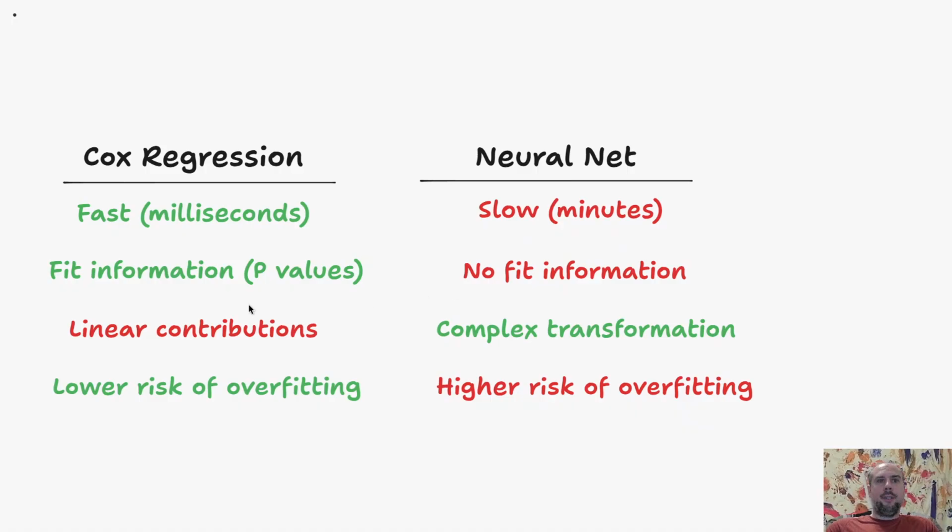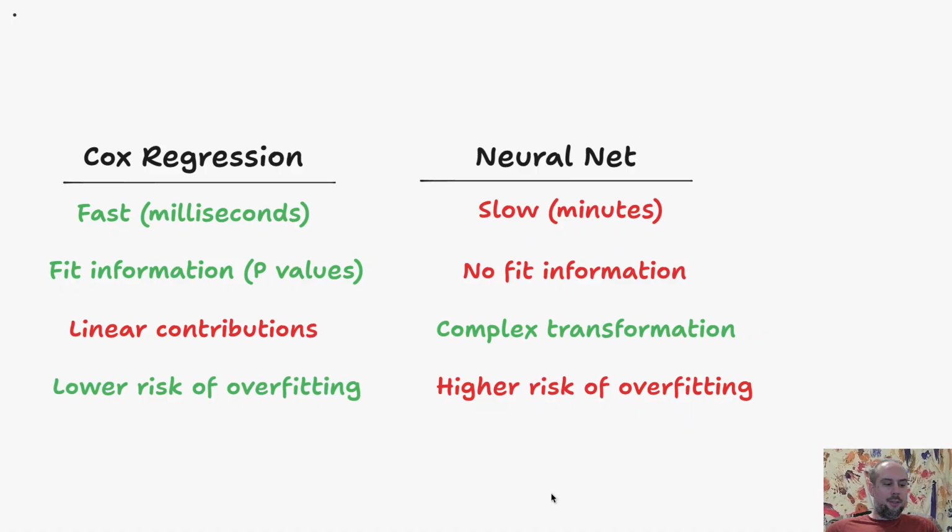And the downside, which we just mentioned, is the Cox regression only tells you the linear contributions, while the neural net doesn't tell you what it did, but it made some sort of complex transformation of the features. And since this model is simpler, there's going to be lower risk of overfitting, while there could be a very high risk of overfitting depending on your model and your features. So how about we investigate this ourselves?